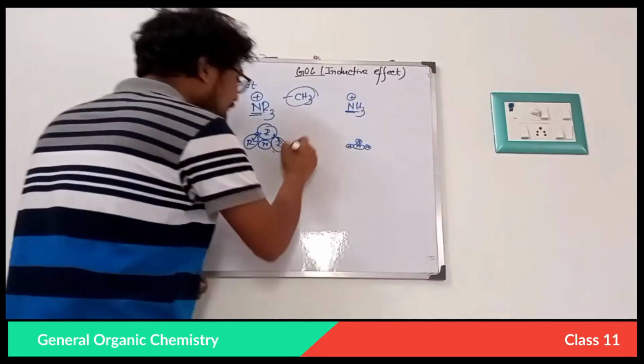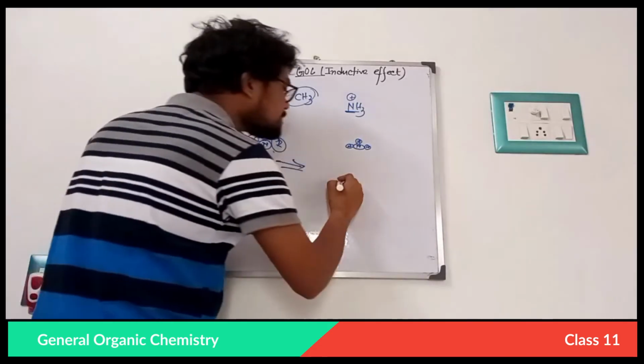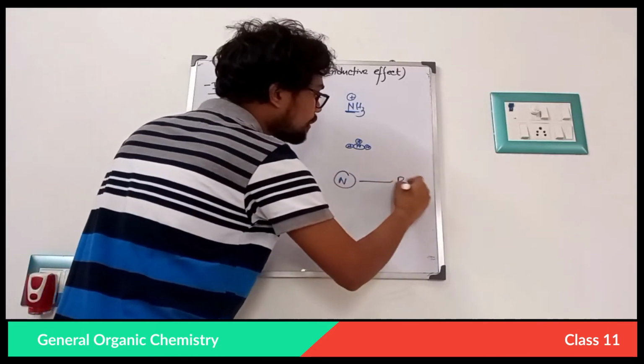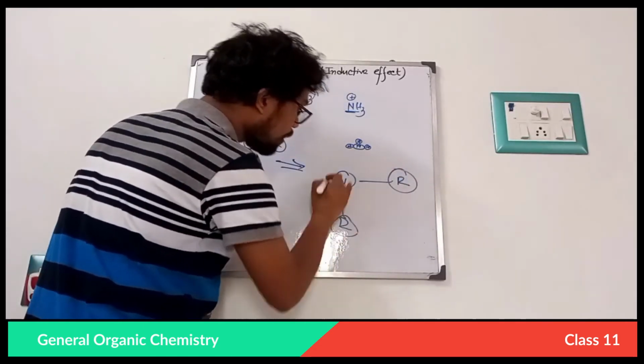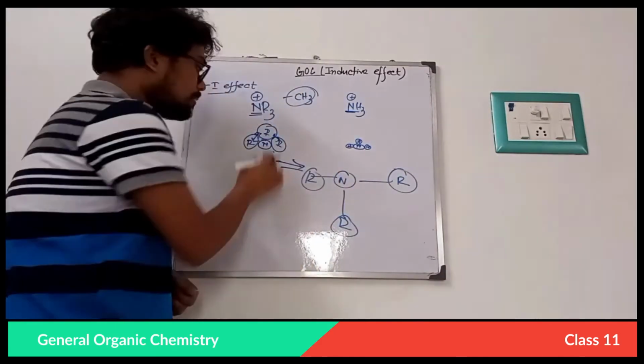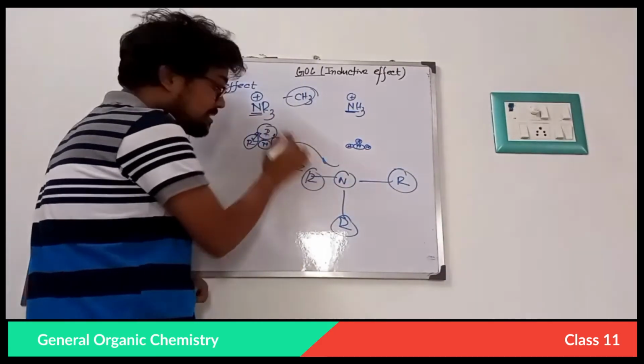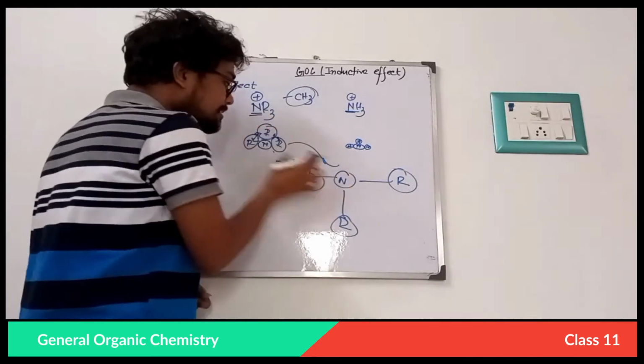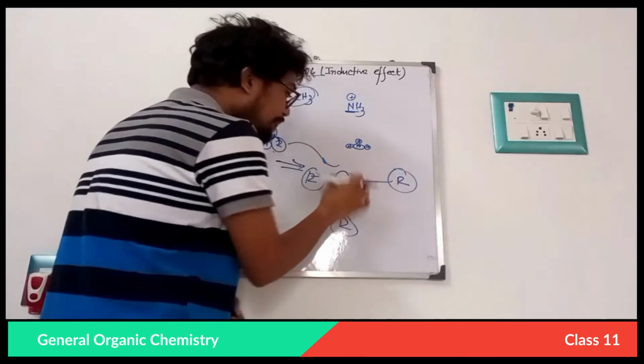So here also the same thing happens. This is N and this R will go far, like this. Due to the steric repulsion, due to the collision and repulsion, this R will go far away from the nitrogen atom.